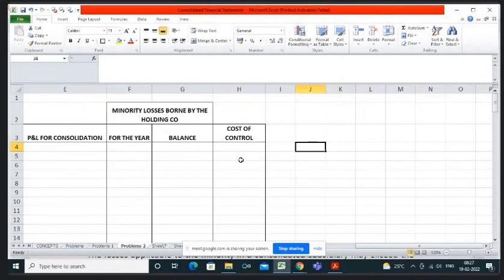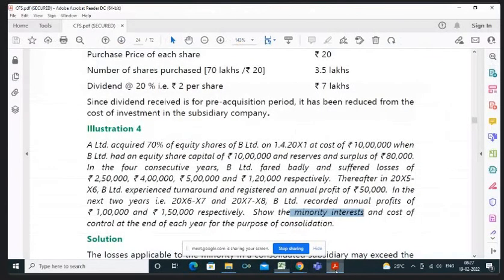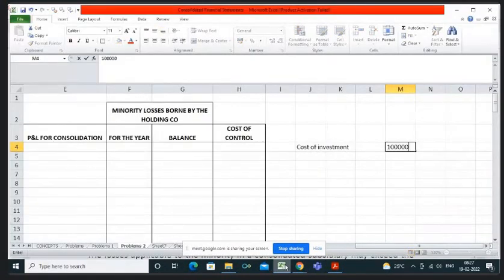First, I will take the cost of investment. Cost of investment is given as the value of 10 lakhs. 10 lakh is our cost of investment.